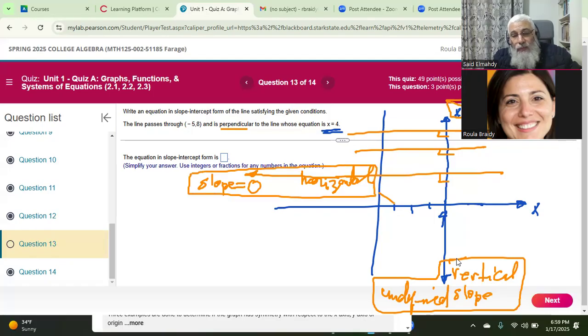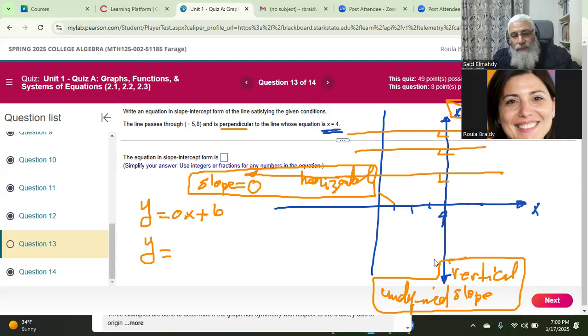Yes. So it has a slope of 0 and passes through this point, (-5, 8). So y is equal to 0x plus b, correct? We said the slope is 0.